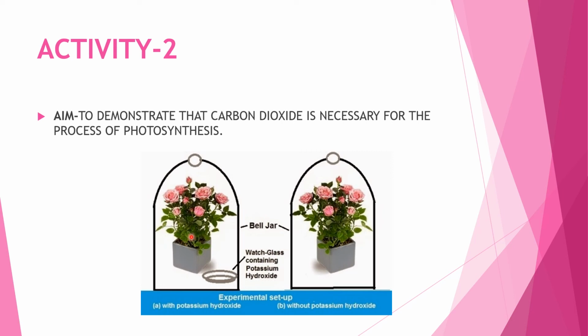If you pluck that leaf and boil it in alcohol and then put the iodine, you will get a negative test, that is, no blue black color.